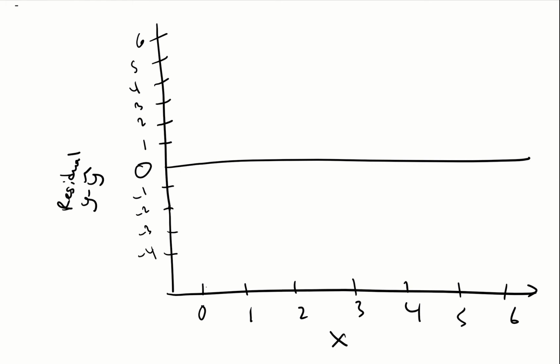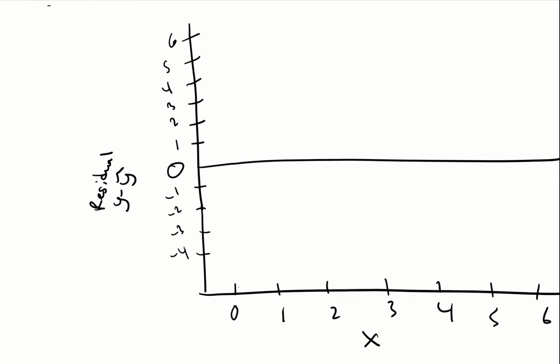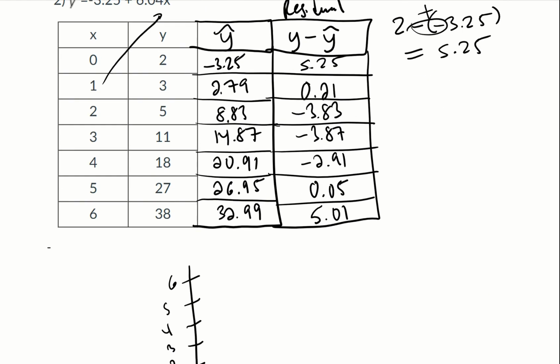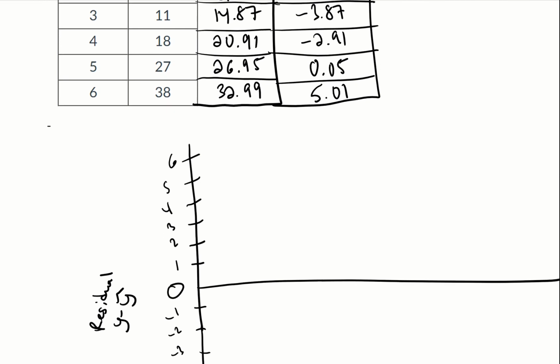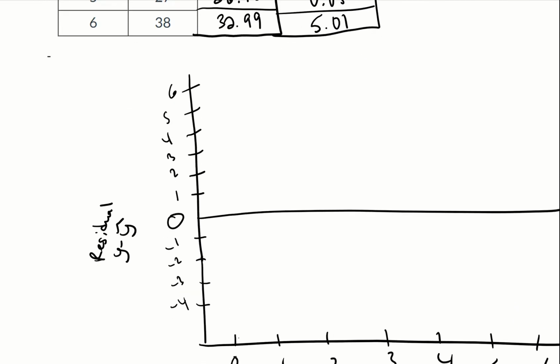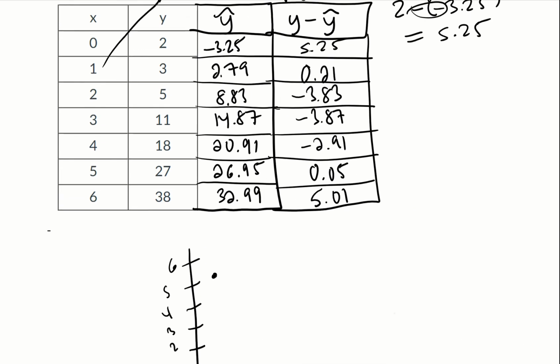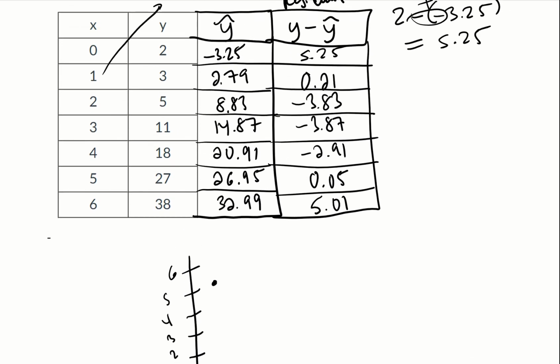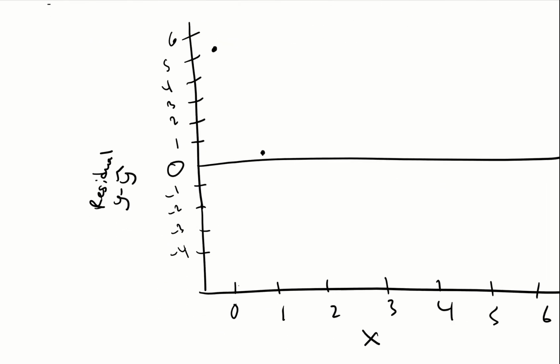All right, so let's go ahead and verify that. Just make sure everything's good. Yeah, 0 through 6. And so our first one is 5.25. Next one is 0.21, so it's pretty low. Then negative 3.83.